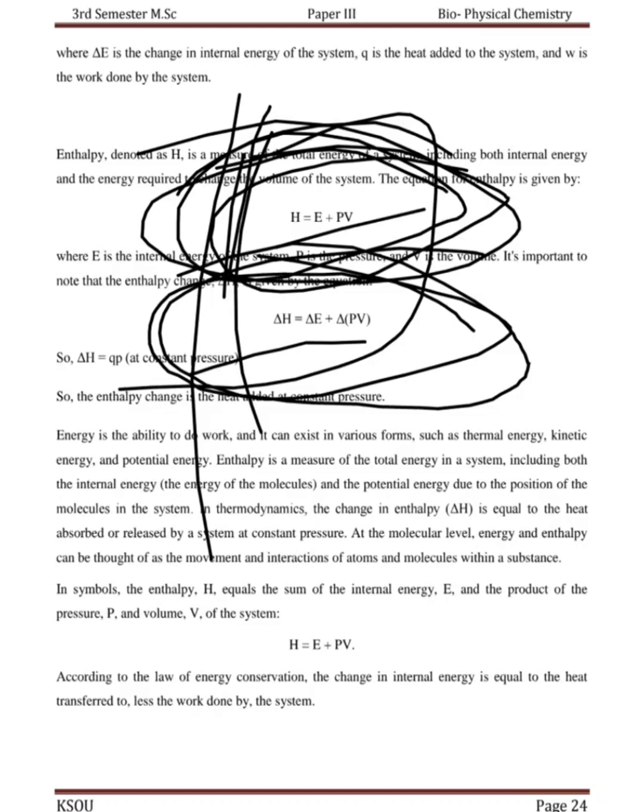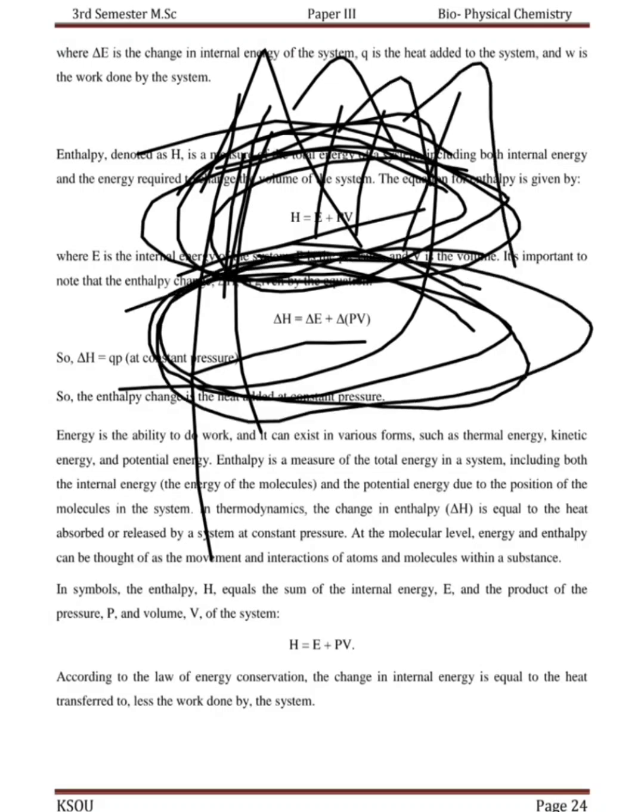The change in enthalpy, the change in energy, the change in pressure or change in volume can be denoted by delta. If there are any changes taking place when the reaction is taking place, they can be denoted by delta.